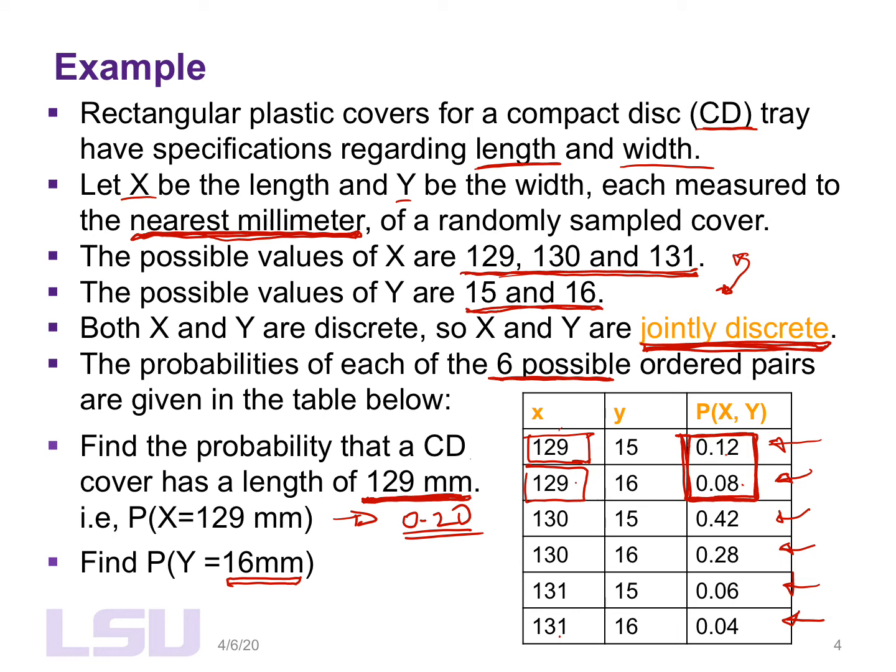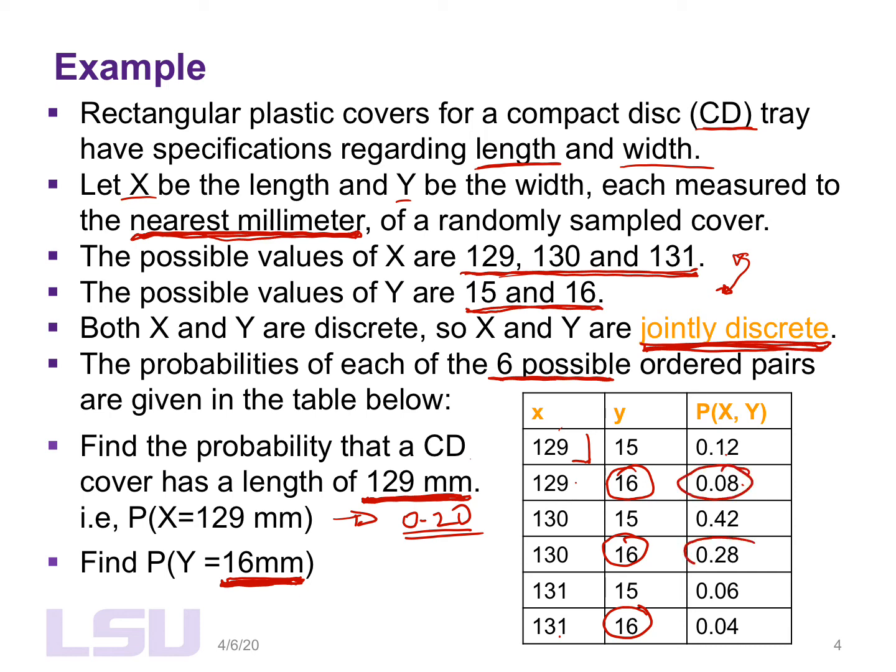Second question is also going to be similar, right? All the cases where it's 16 millimeters wide, which is this, this, and this. So you're going to be adding up the corresponding probabilities. Let's first remove these. So what values are we going to be adding up?